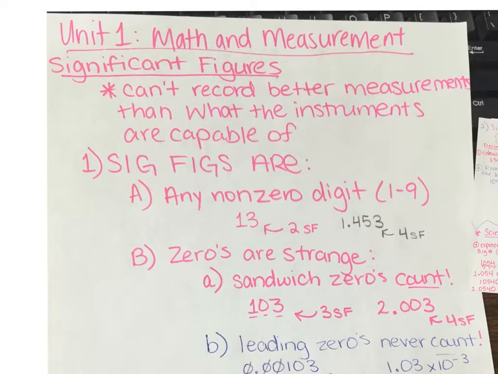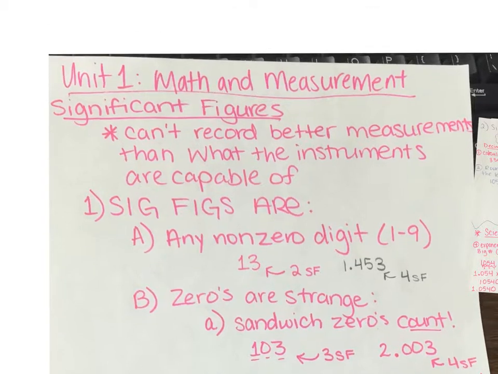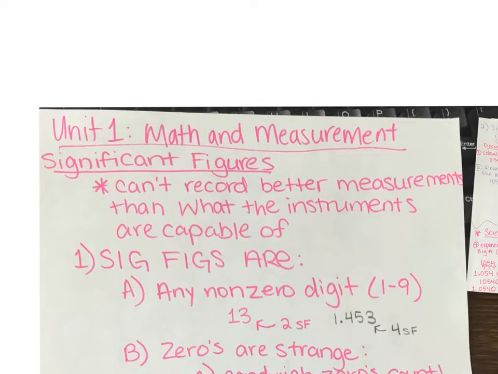So for Math and Measurement, what we started with today was significant figures. Yesterday, you did a POGL that showed the different rulers and pointed out how you're always going to be measuring and estimating 1 digit in every single measurement that you have.